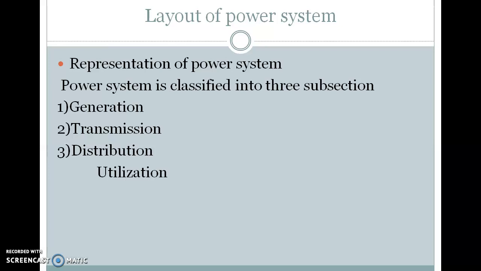The first subsection is generation, the second one is transmission, and the third one is distribution. The last one is utilization, which comes under the distribution part. So we need to represent these 3 subsections, generation, transmission and distribution, in the layout of power systems.